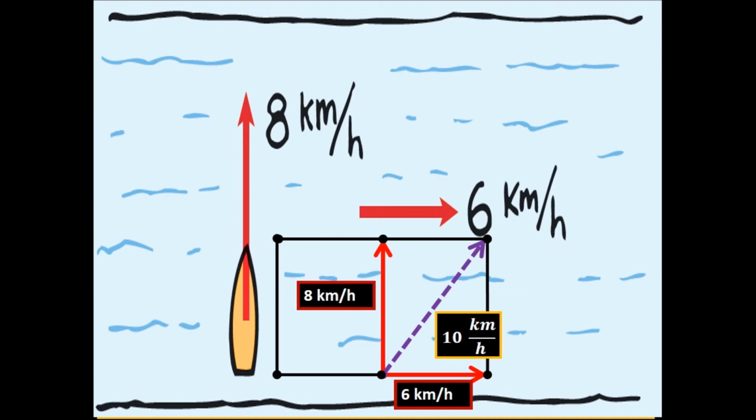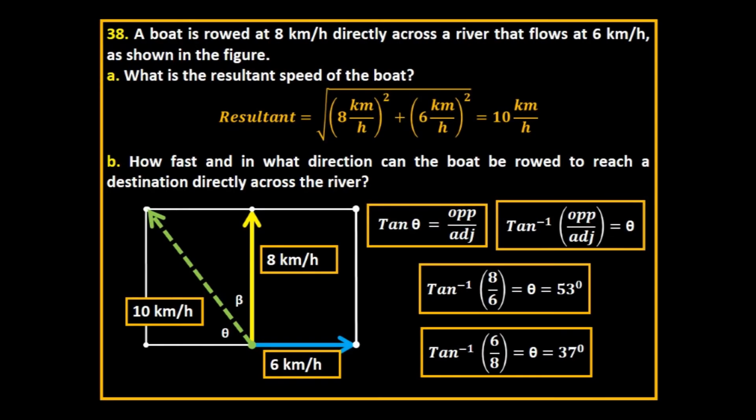Well, I would say the river's going 6, I want to go 10, and what would be the other leg? It would be 8. And what would the angle be? Well, as you can see from this drawing, theta is 53 degrees, relative to the original bank.